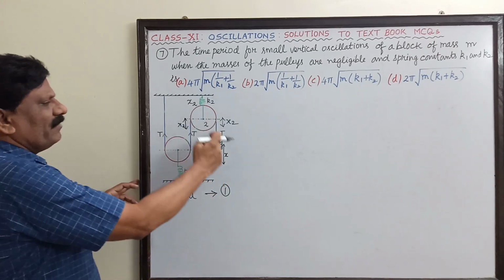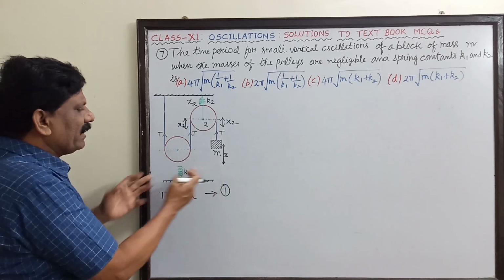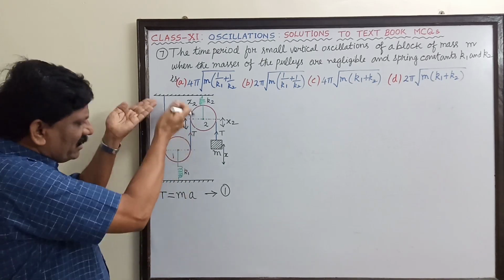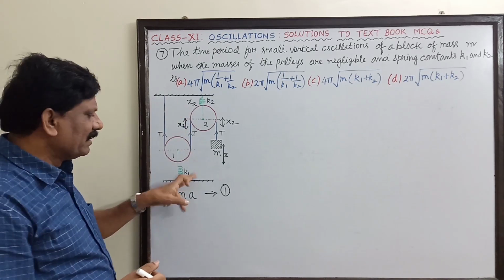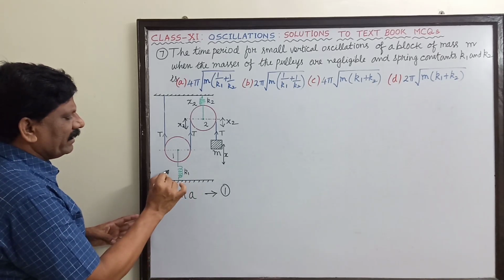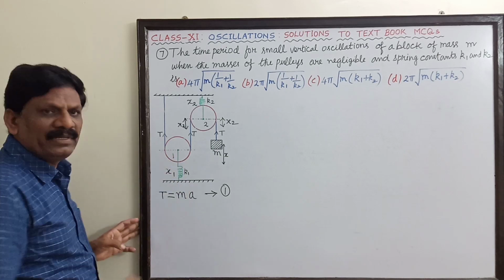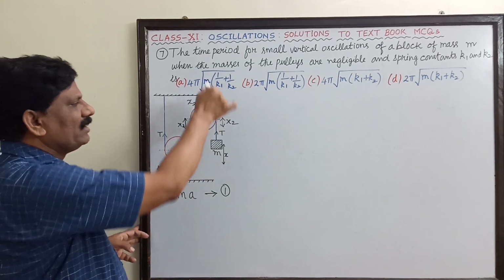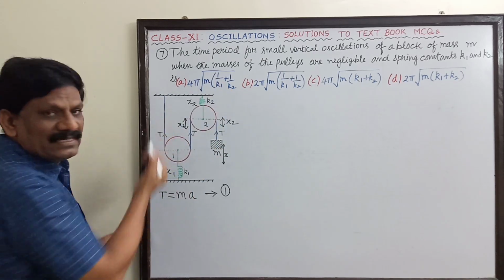Similarly, when we pull this load in the downward direction, pulley 1 will be stretched along with the spring of constant k1. So in the spring k1, an extension x1 is produced in the upward direction. x2 is in the downward direction and x1 is in the upward direction.